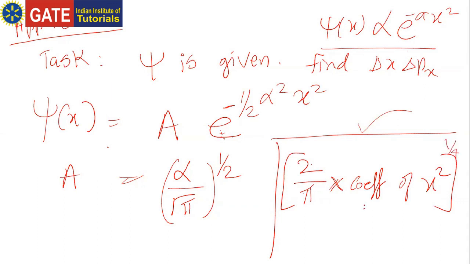If you remember this formula, only for a Gaussian wave function, there is no need to find the normalization constant. Directly use this formula and write out the normalization constant.